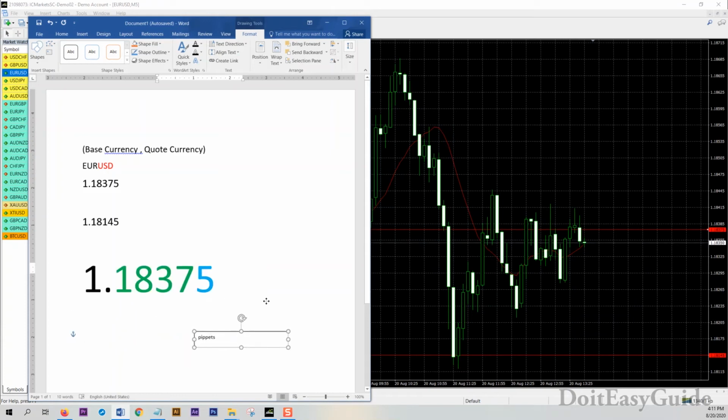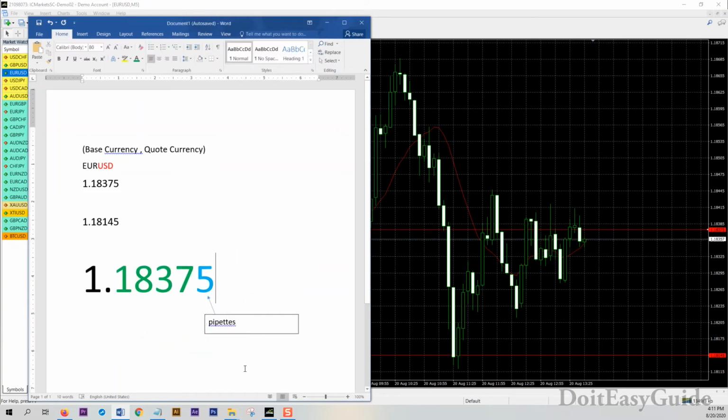This last one. And 10 pivots would be 1 pip.